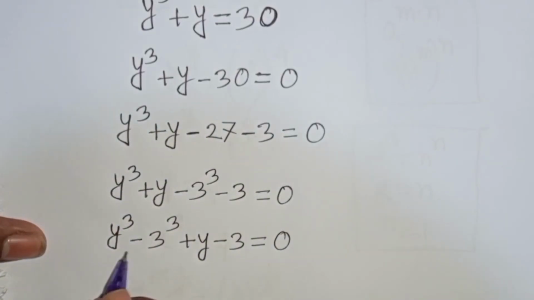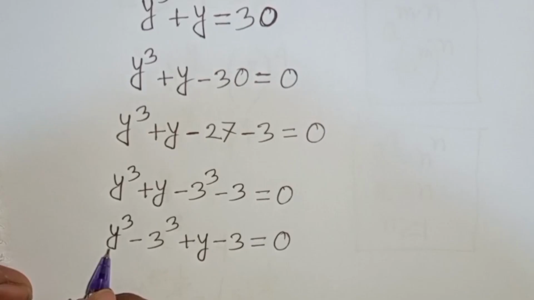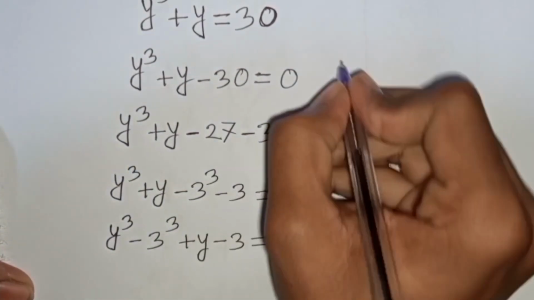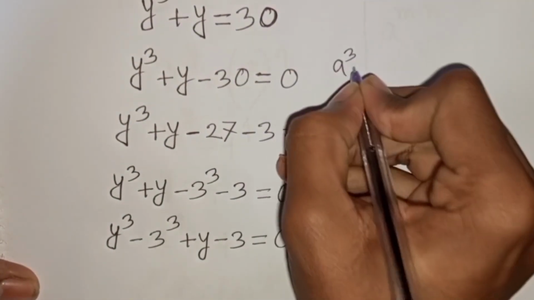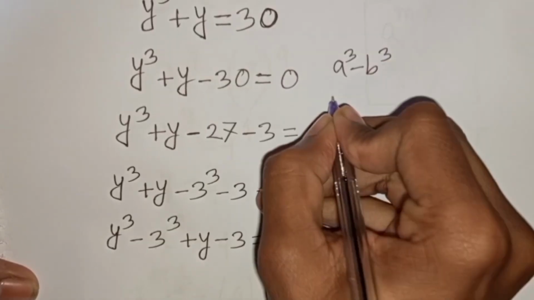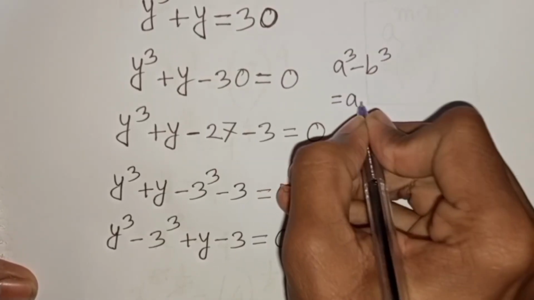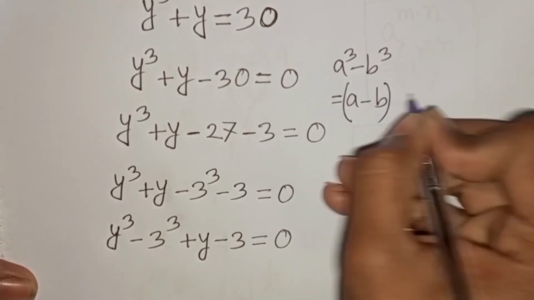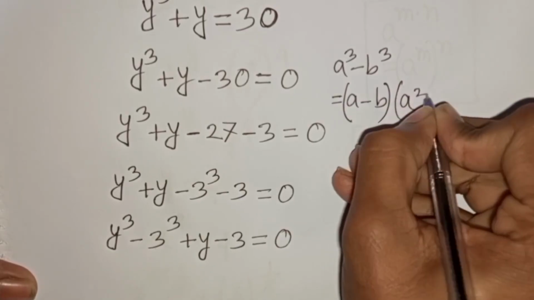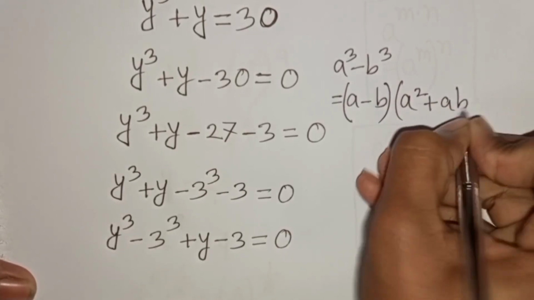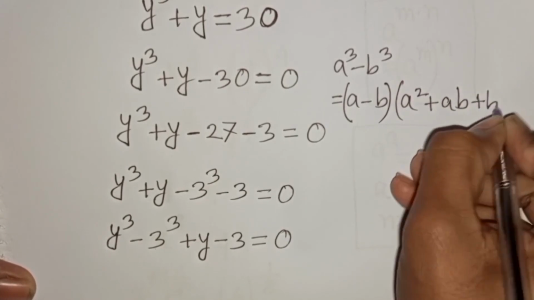Now here you can apply the formula of a cube minus b cube. Here a is as y, b is as 3. So according to this formula, a cube minus b cube is equal to a minus b times a square plus ab plus b square.